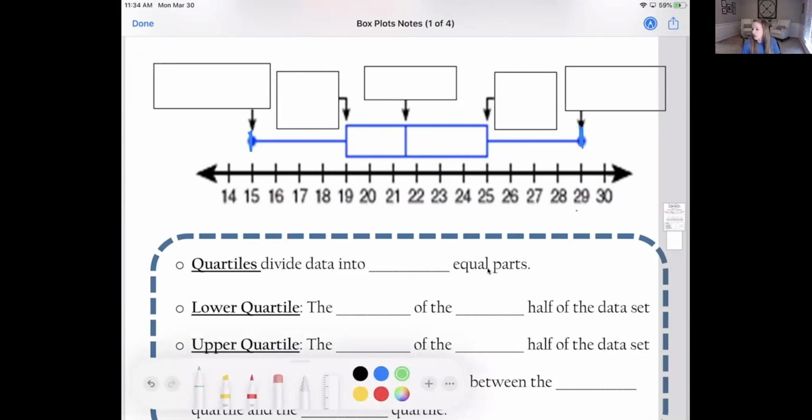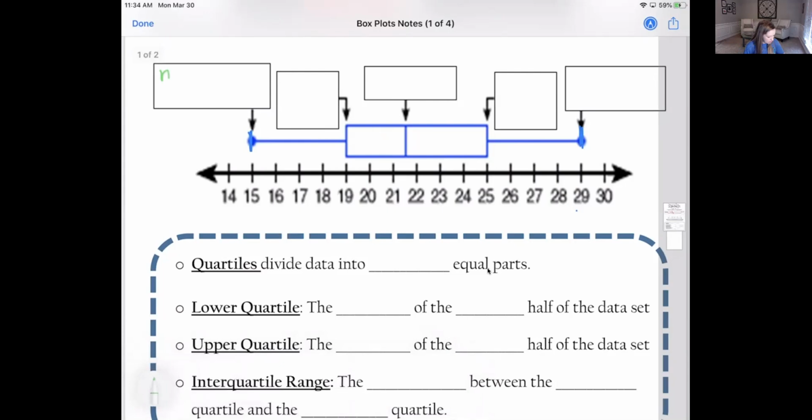The line or the dot that's all the way to the left is called your minimum. That's just the lowest number. If they give you a set of data, the lowest number in that set is the minimum.